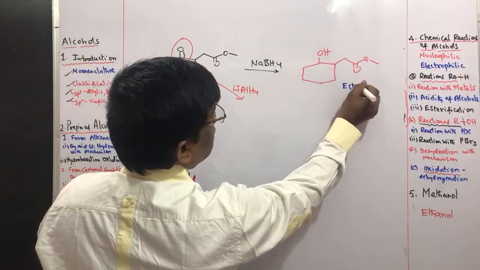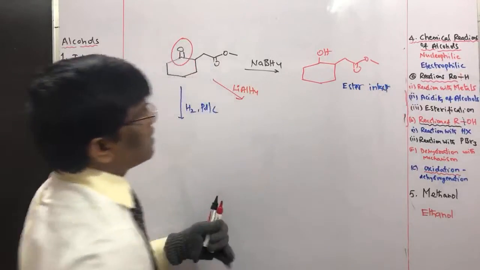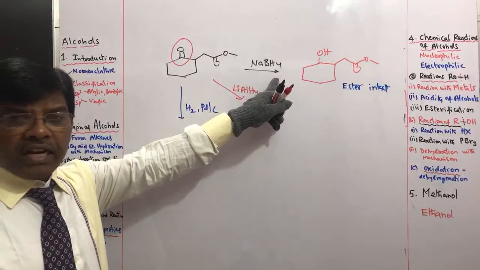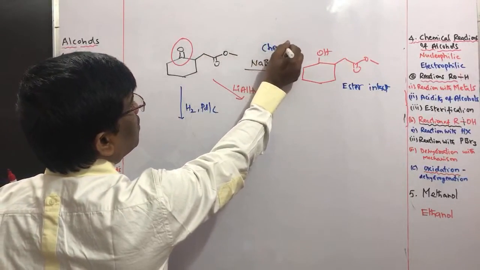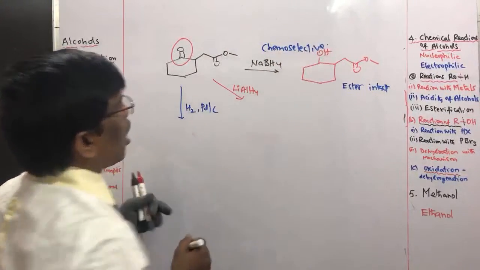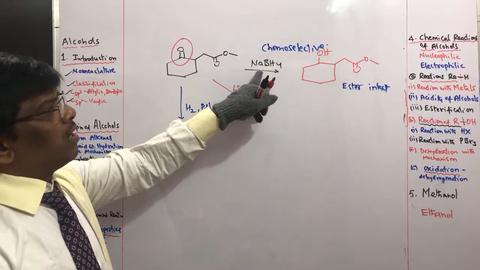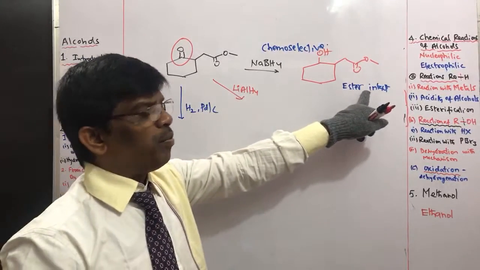So this selective reduction is known as chemoselective. Chemoselective reduction of carbonyl compounds by sodium borohydride takes place, whereas the ester group is intact.